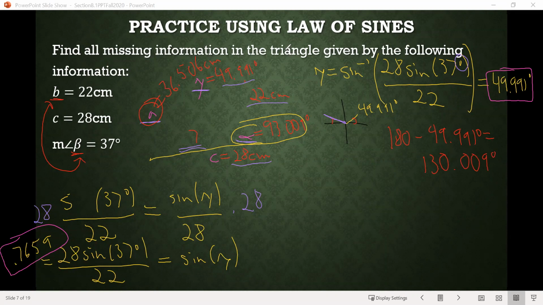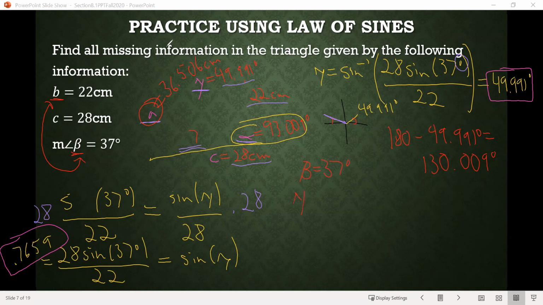And now the question is, could gamma have had that measure? Well, if we think about the original information we were given, we were also told that the measure of angle beta was 37 degrees.